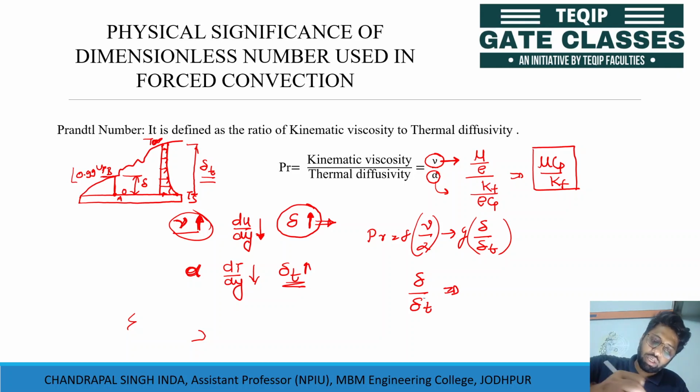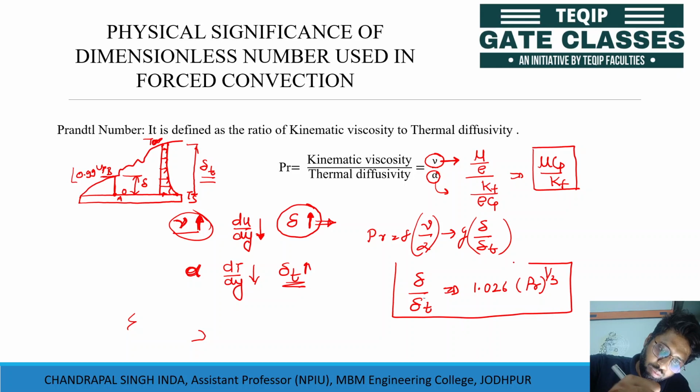is equal to 1.026 times the Prandtl number to the power 1 by 3. This is the most important formula, because many times it has been asked in exams.